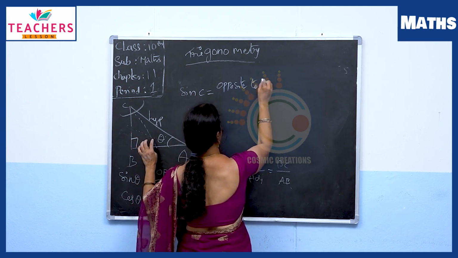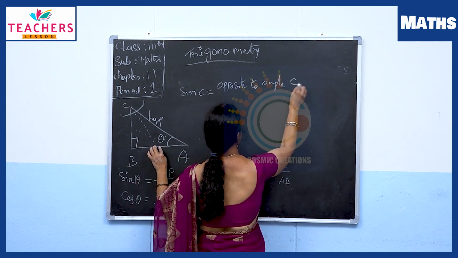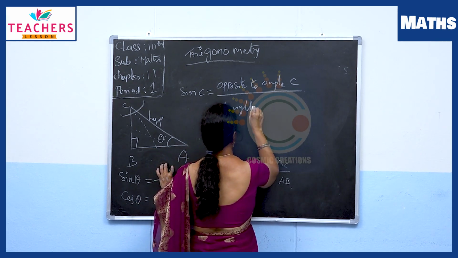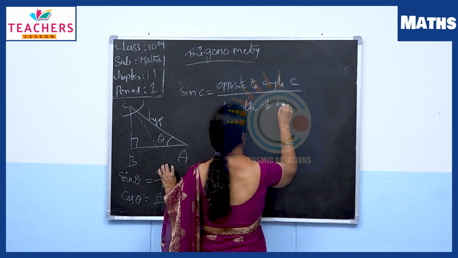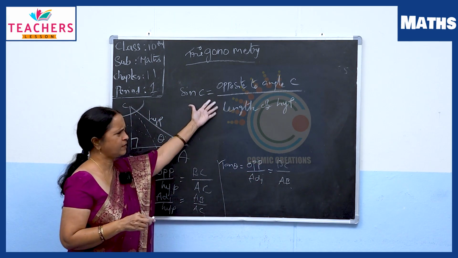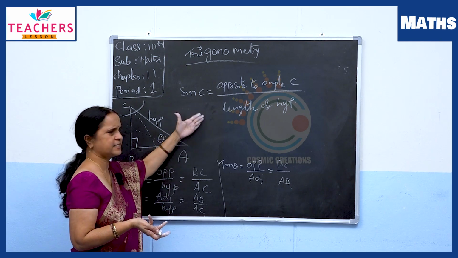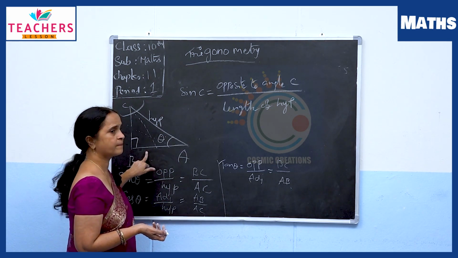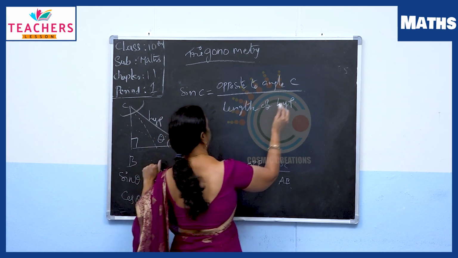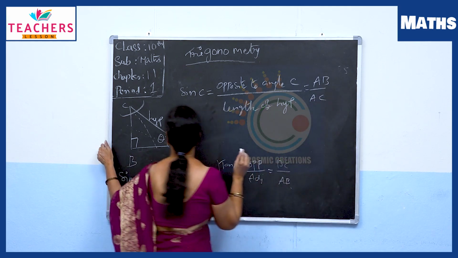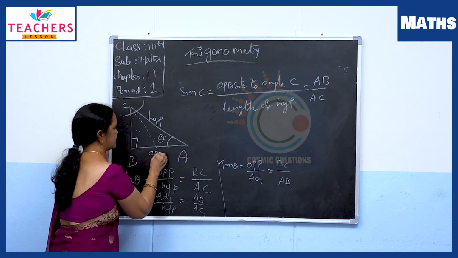Opposite to angle C by length of hypotenuse, this is also length of opposite to angle C. What is the length of opposite to angle C? AB. AB by AC. This is opposite.